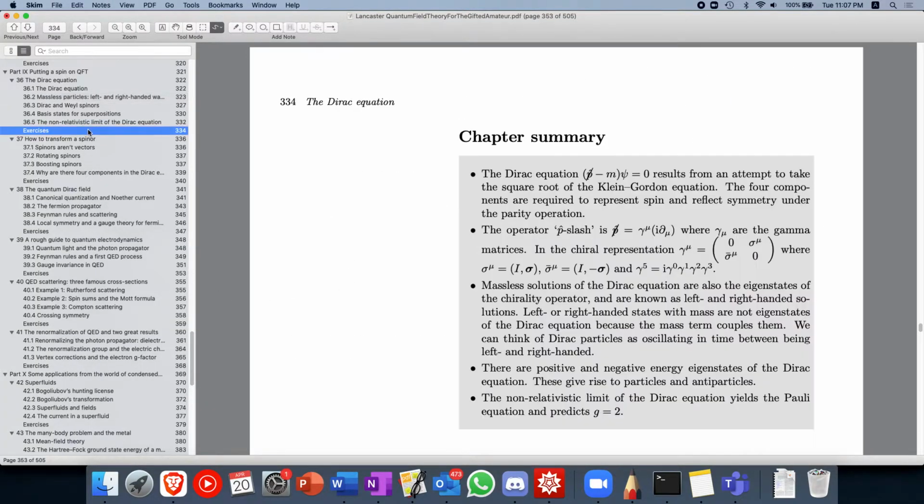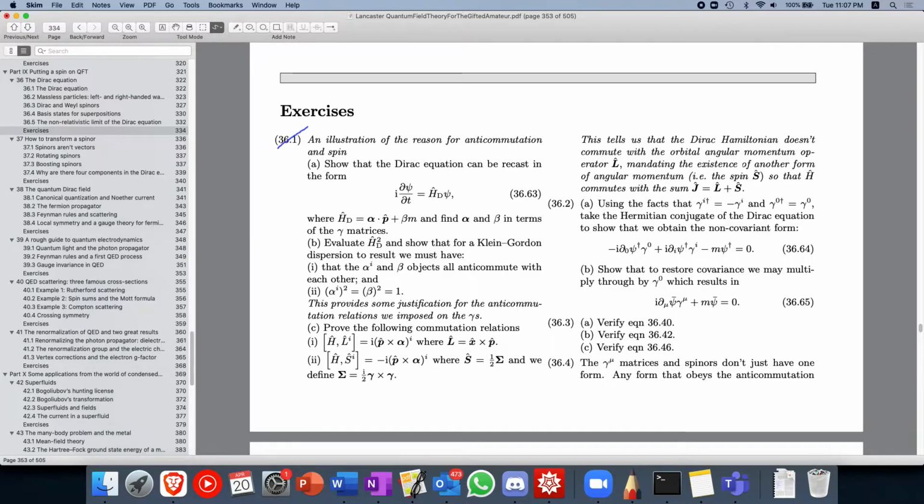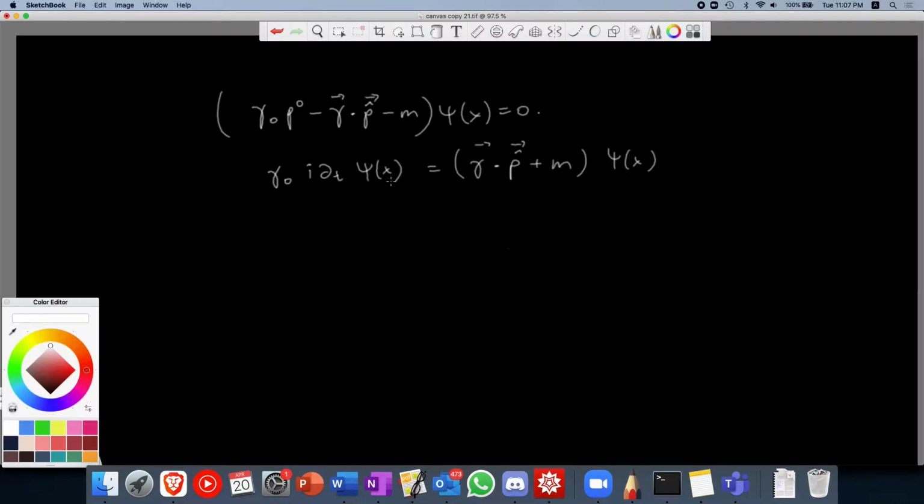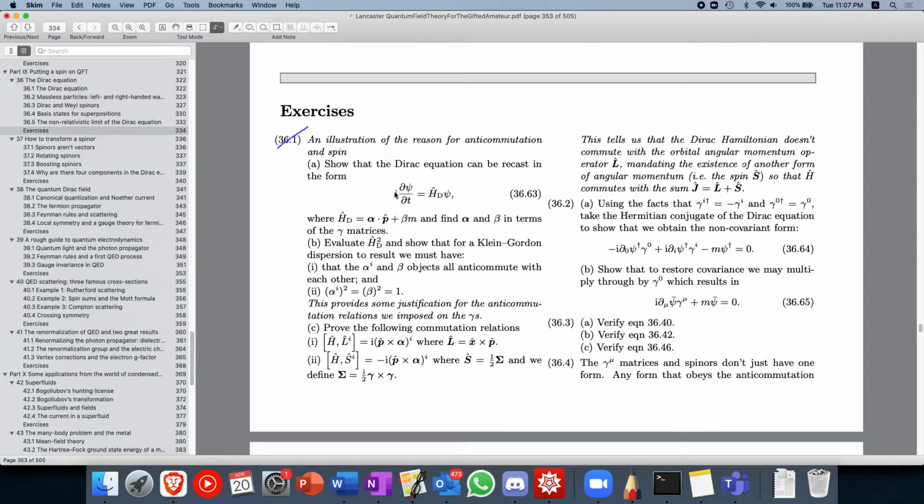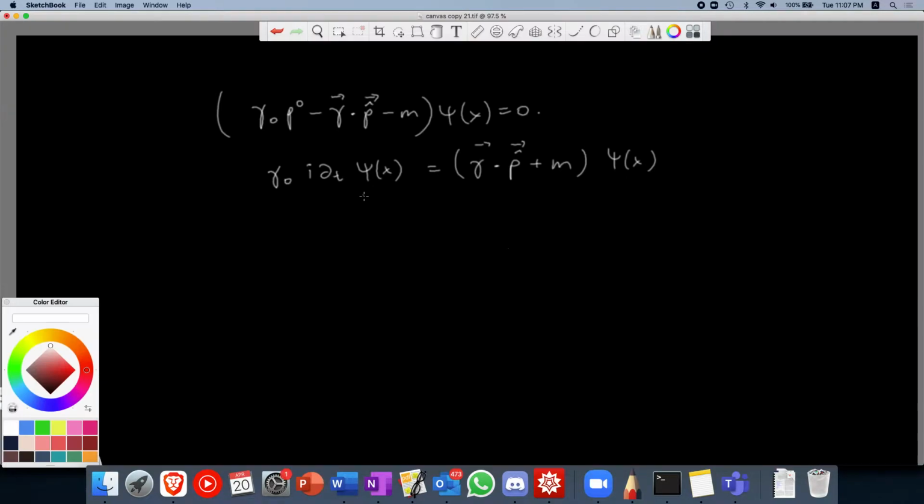We just see that we need to get rid of the gamma naught. So how do we so-called divide it out? Well, it turns out we don't divide it out, we multiply it. So in order to get it into this equation, we just need to multiply both sides by gamma naught.